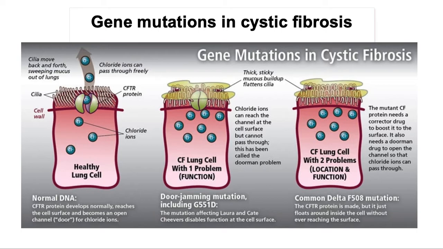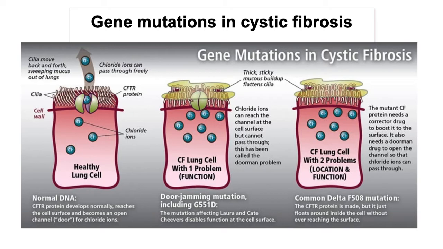Although cystic fibrosis remains one of the best-known examples of the one gene, one disease axiom, there is increasing evidence that other genes modify the frequency and severity of organ-specific manifestations.